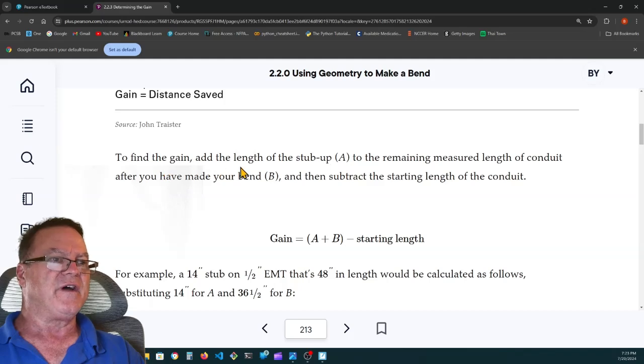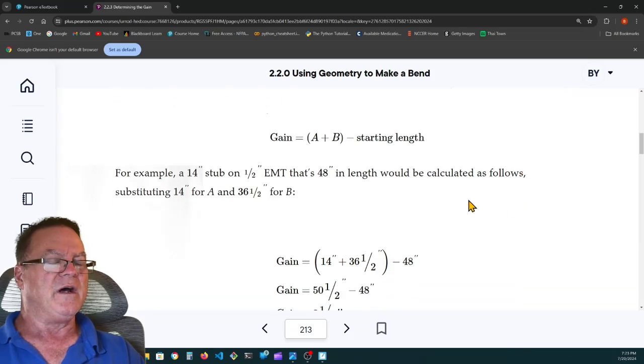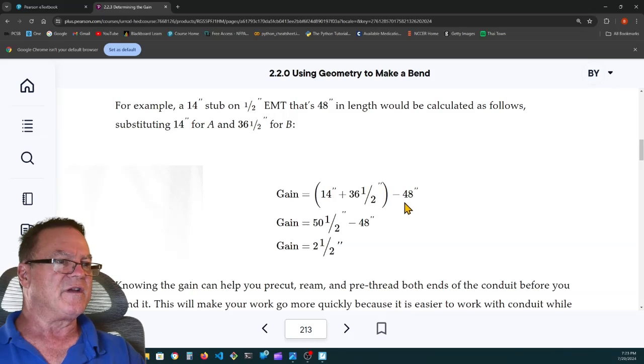It says, to find the gain, add the length of the stub up A to the remaining measured length of conduit after you've made your bend. Then subtract the starting length of the conduit. So they're saying that the starting length of the conduit was 48 inches, and they ended up with a 14-inch and a 36.5-inch piece.